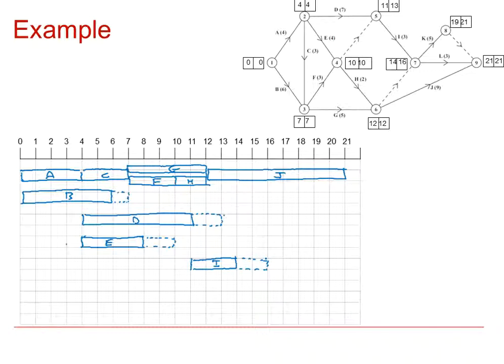K could start as early as 14 and last for 5 units, so that would take us from 14 up to 19.